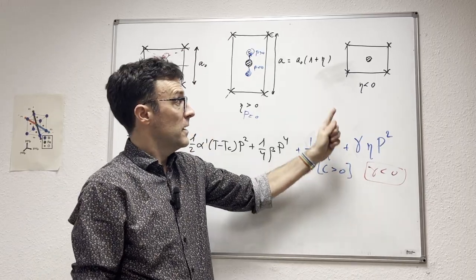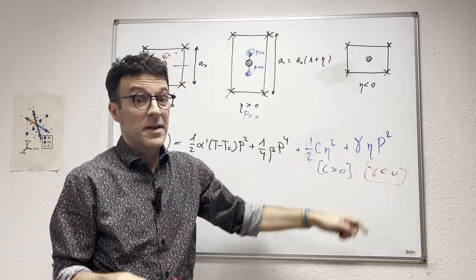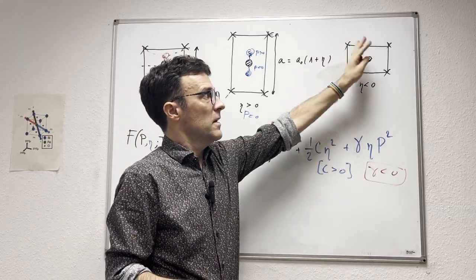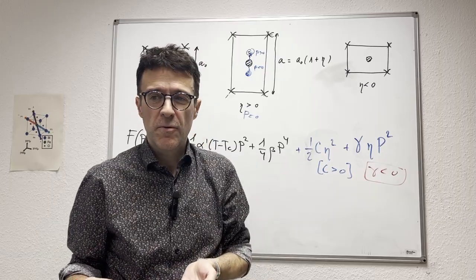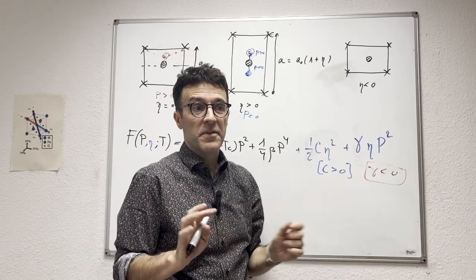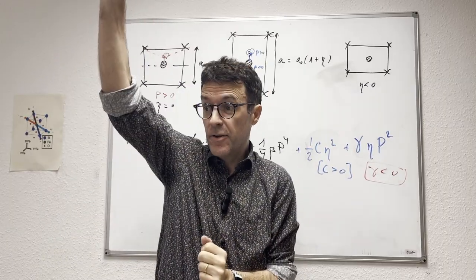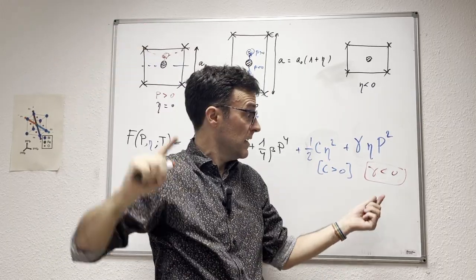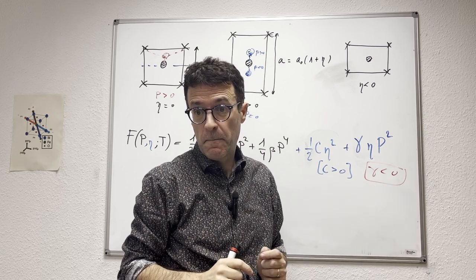Conversely, if eta is negative, and if I had a non-zero polarization, the idea that a compression will make polarization more difficult to happen means that if eta is negative and I insist on making my polarization different from 0, the energy has to go up due to the interaction. And that I also get by making gamma negative.